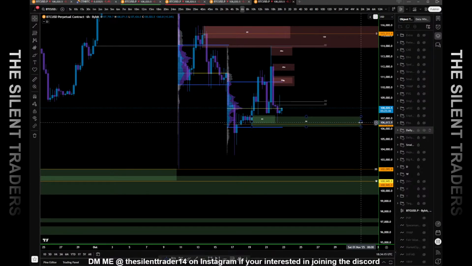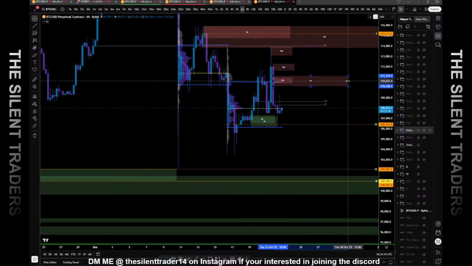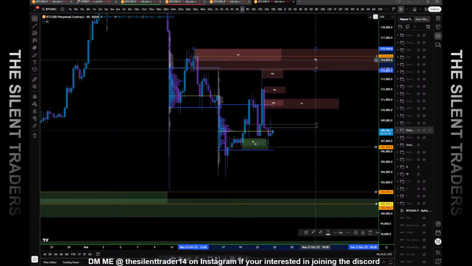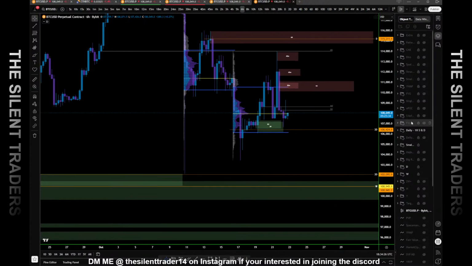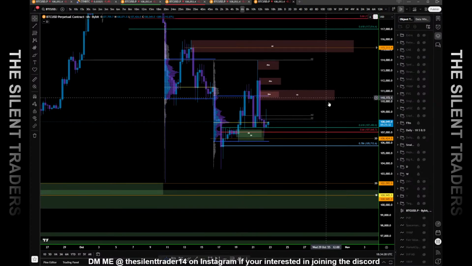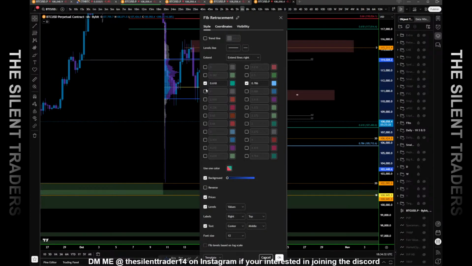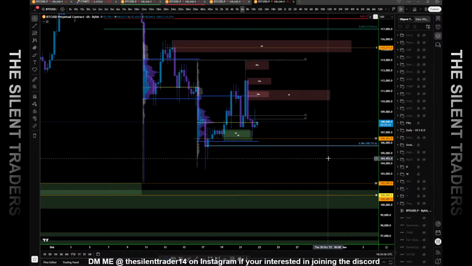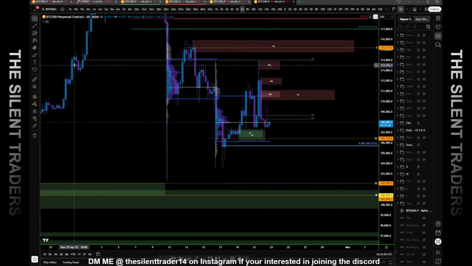How I would set this up is like this. I don't need to see this one. Some fibs. I don't need to see the golden pocket because I'm aware that we're there. So the next target for the golden pocket is down here at the 786.